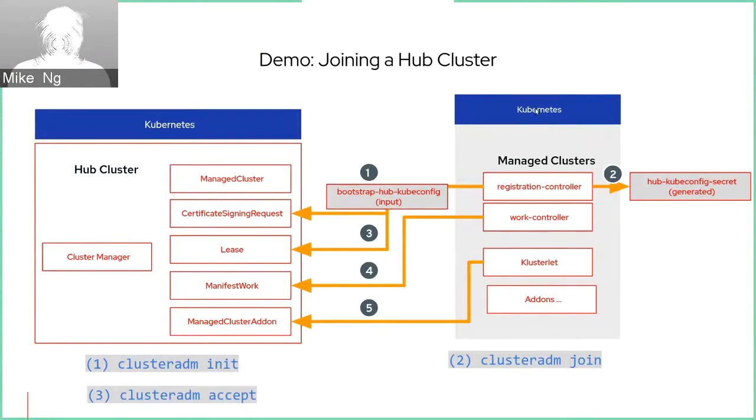In Open Cluster Management, the cluster registration follows a double opt-in mechanism, which is the agent opts in to register a cluster with the hub by creating a managed cluster resource on the hub. It also creates a certificate signing request, which means the agent will need a kubeconfig with appropriate permissions to initiate the registration request.